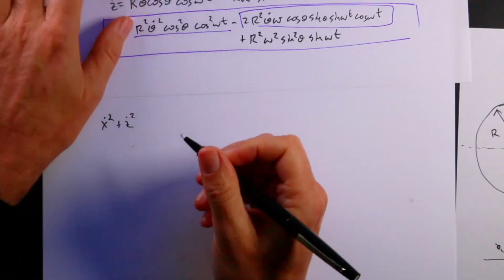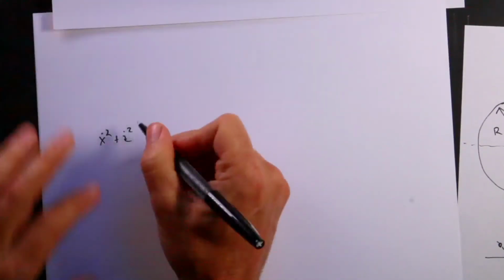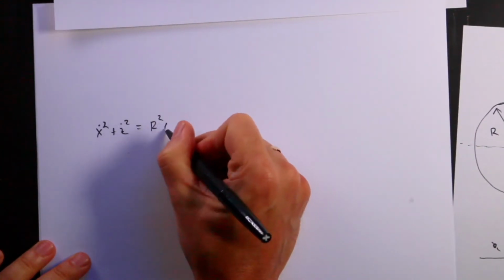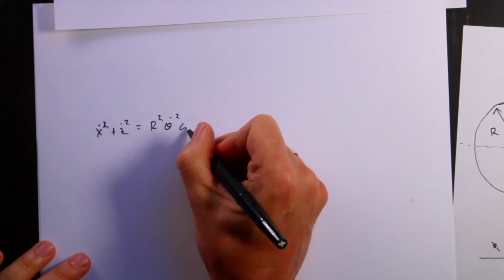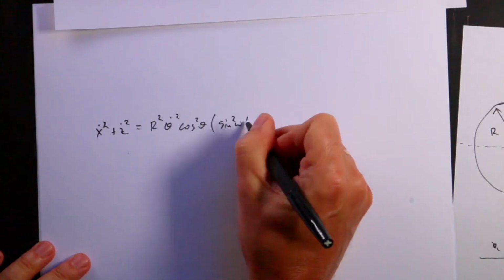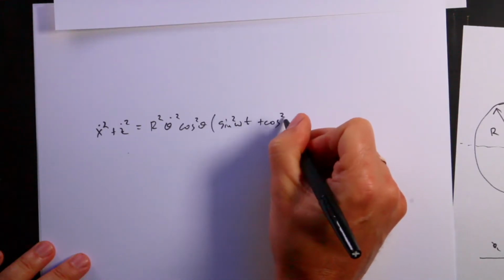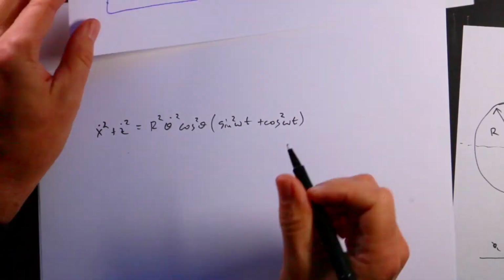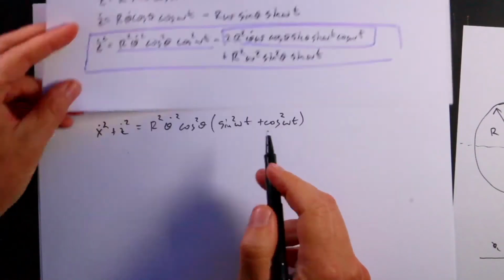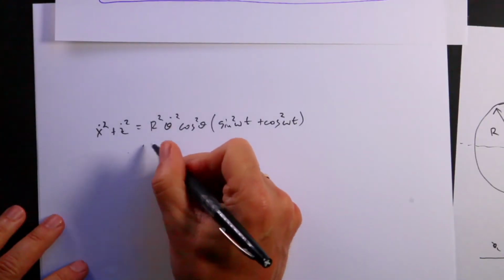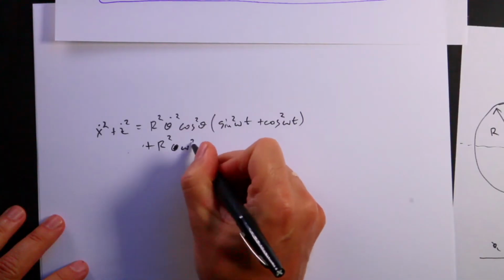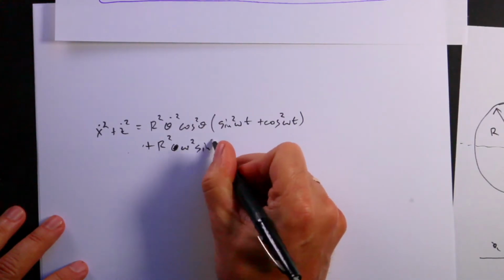Okay, so I'm going to factor out this. And I'm going to get r squared theta dot squared cosine squared theta. And then I get sine squared omega t plus cosine squared omega t. And that's going to go away. And then these other terms, I can factor out the sine squared theta. So I get plus r squared omega squared sine squared theta.